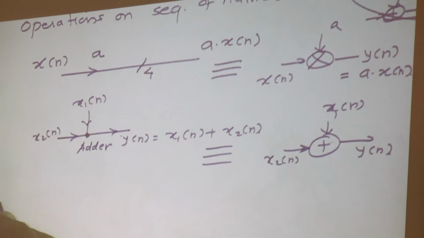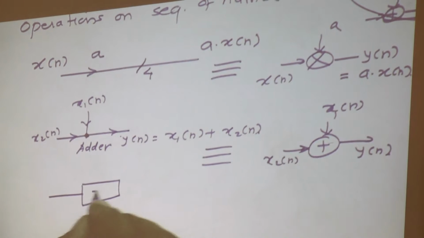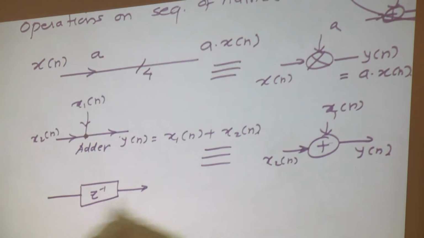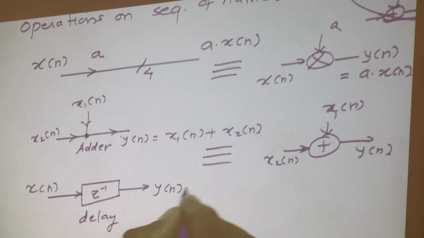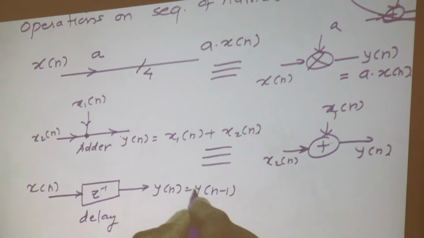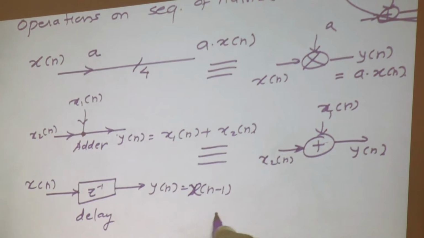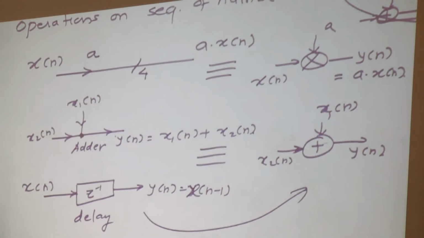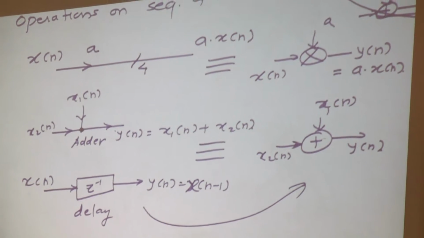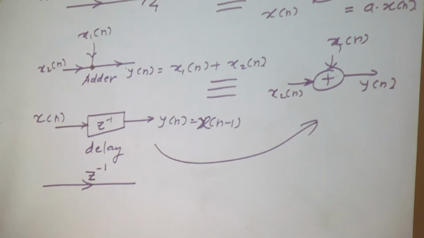And the third and more important block is what is known as Z inverse. This is a delay block. If x of n is the input, output y of n is x of n minus 1, and the equivalent data flow graph is an arrow weighted by Z inverse.